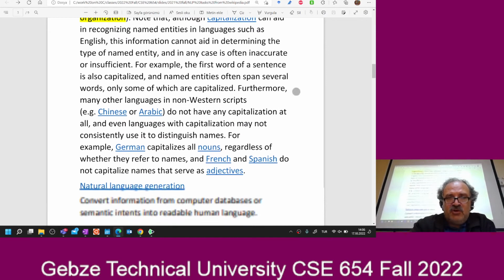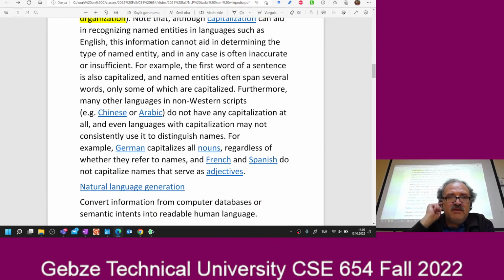For example, German capitalizes all nouns, regardless of whether they refer to names or anything. French and Spanish do not capitalize names that serve as adjectives. So the rules are very different, and by looking at capitalized words, you are not finding the real people or anything like that.